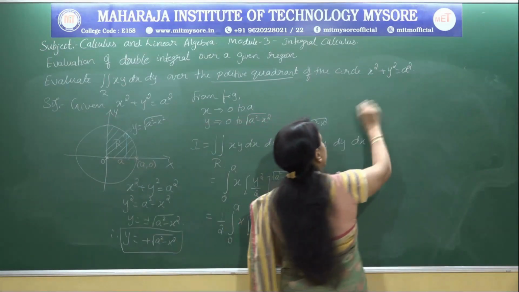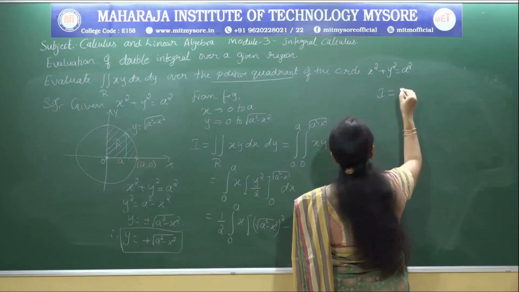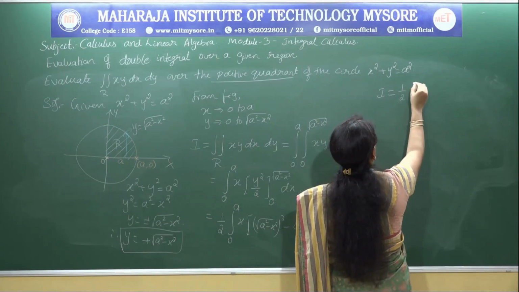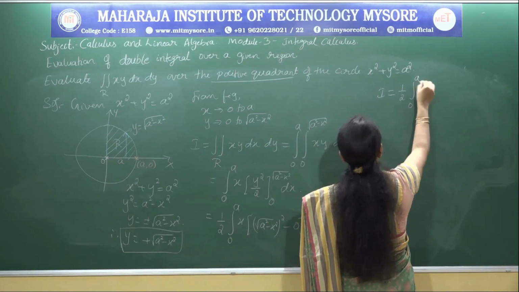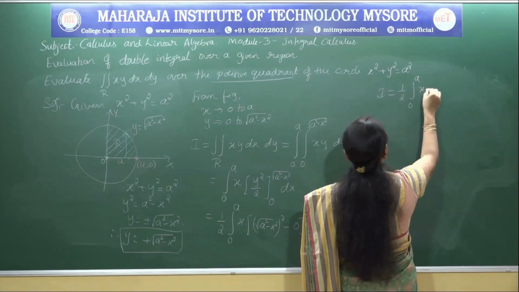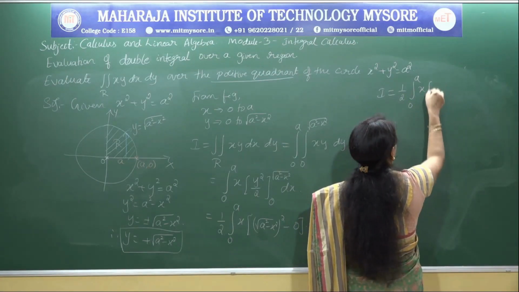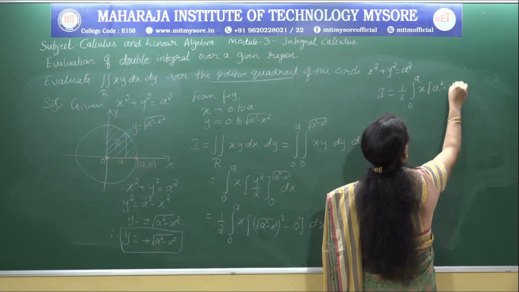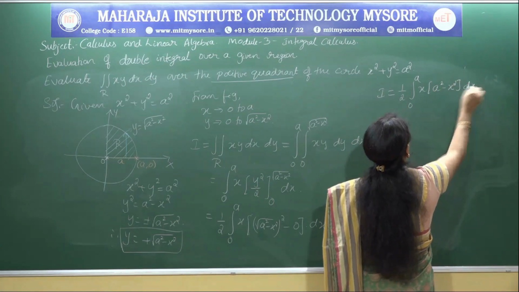So I equals 1 by 2 into integral 0 to a of x into a square minus x square dx.